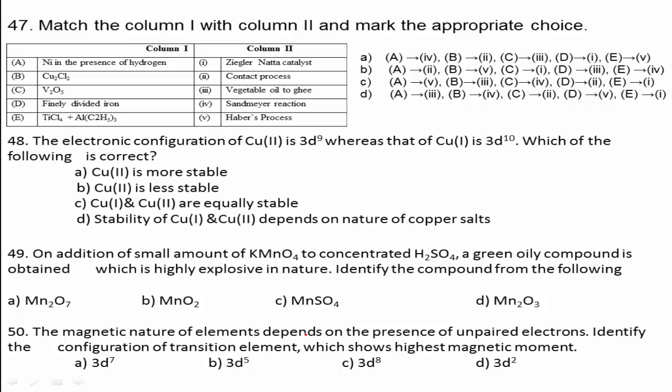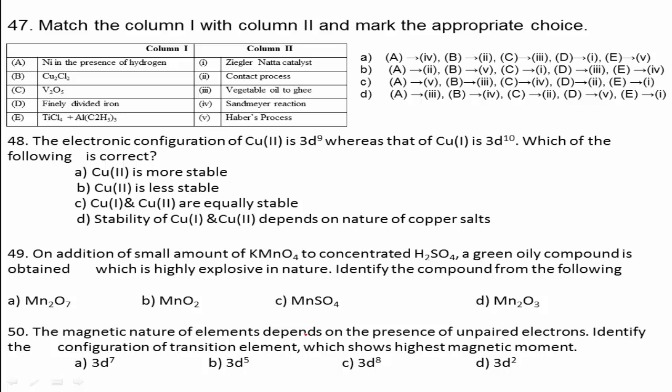Yes students, we know some points. Nickel in presence of hydrogen, and I think you already know about the Ziegler-Natta catalyst. It is a chemical composition containing titanium tetrachloride and triethyl aluminium, and V2O5 is used in the contact process, vanadium pentoxide used as a catalyst, and in Sandmeyer's reaction copper containing compounds like Cu2Cl2 are used.